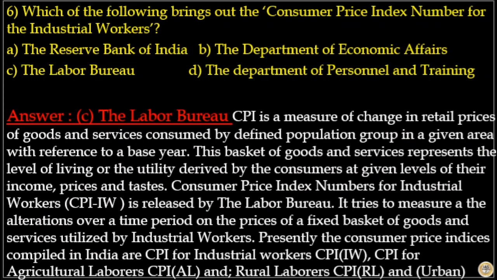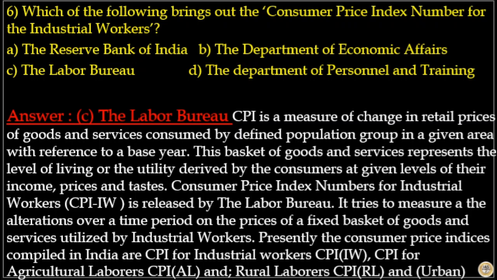Consumer Price Index is a measure of change in retail prices of goods and services consumed by a defined population group in a given area with reference to a base year. This basket of goods and services represents the level of living or the utility derived by the consumers at given levels of their income, prices and status. Consumer Price Index numbers for industrial workers is released by Labour Bureau.